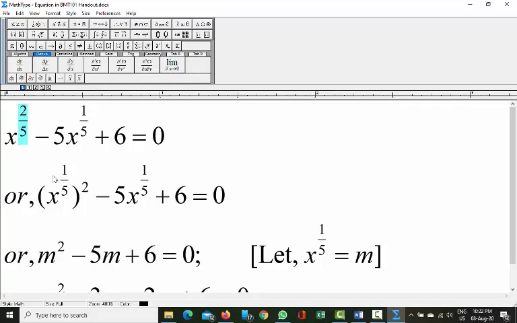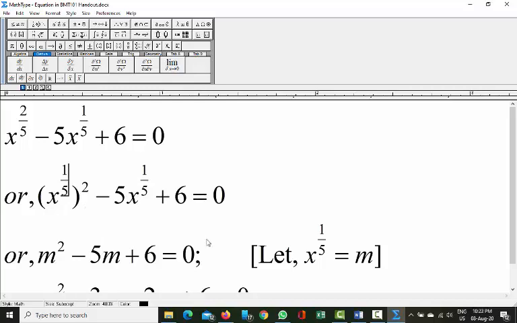So we can write this x to the power 2 by 5 as this one. That means we can write 1 by 5 multiplied by 2, and then we can write these two separately, like this: 1 by 5 multiplied, power 2.